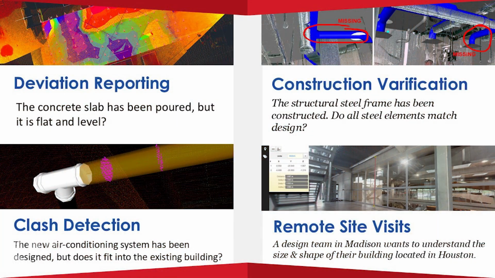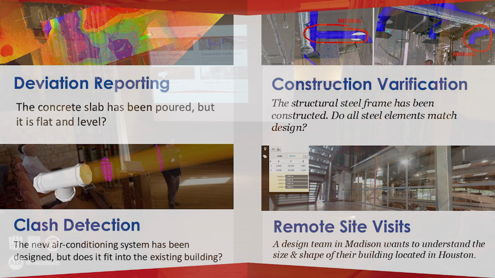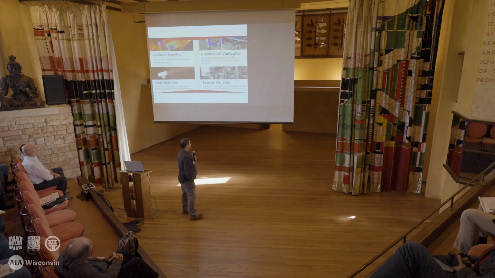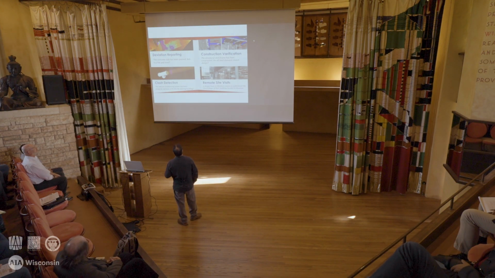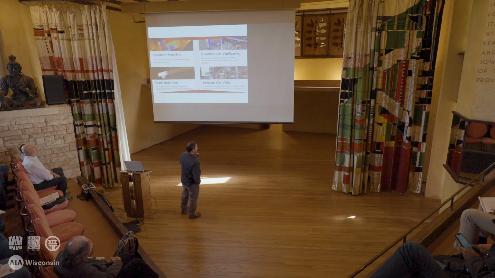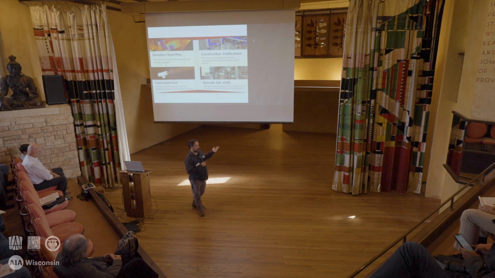A lot of the big uses get into things like clash detection and construction verification. Not everything is going to be historic preservation work with this technology. Sometimes you have an installation, say a boiler in an industrial building, and you need to know where those pipes are.